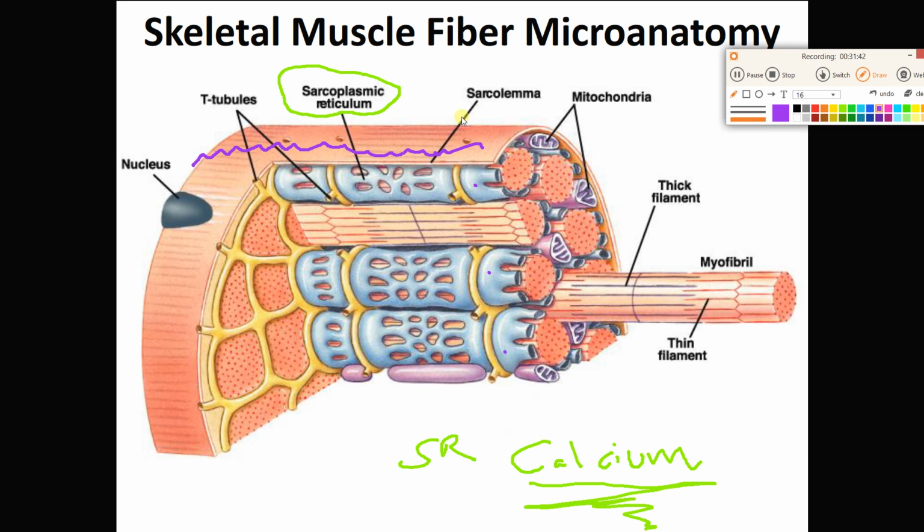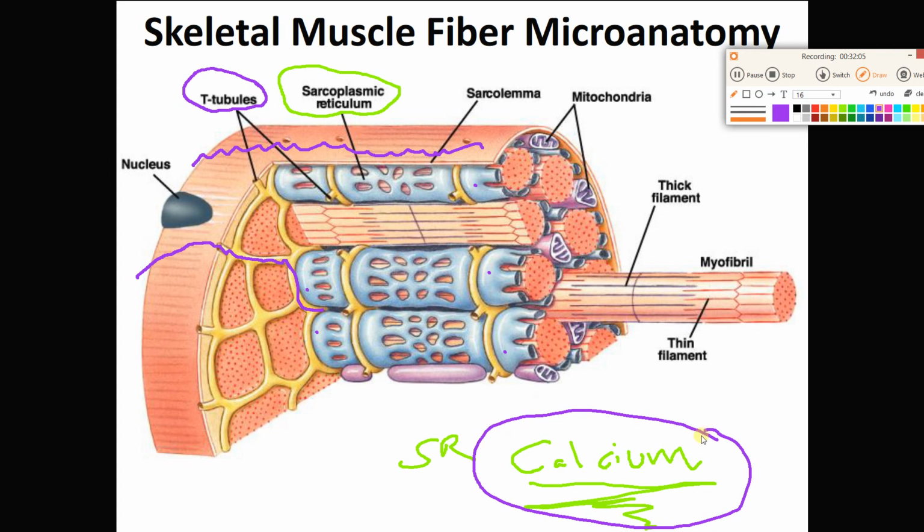So look at these holes here. These holes are known as T-tubules, transverse, because they go across the muscle cell. And they allow the action potential to zip down and kind of like go practically inside the muscle cell, and thereby get closer to these SRs, prompting them to release calcium, which then lets the myosin and actin interact and lets contraction occur.